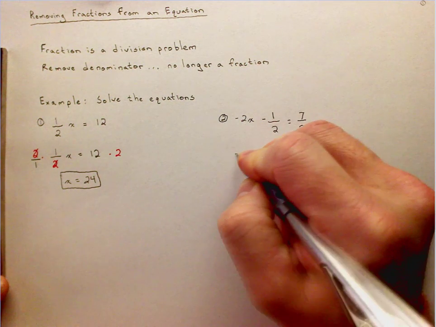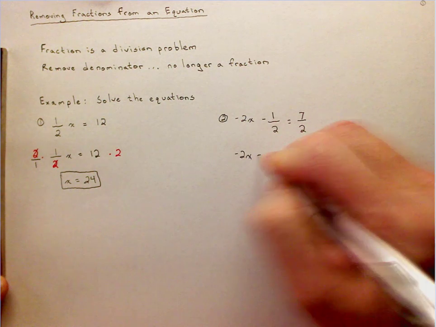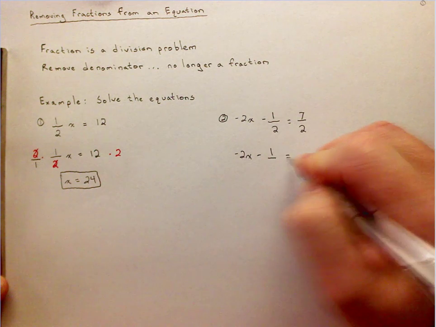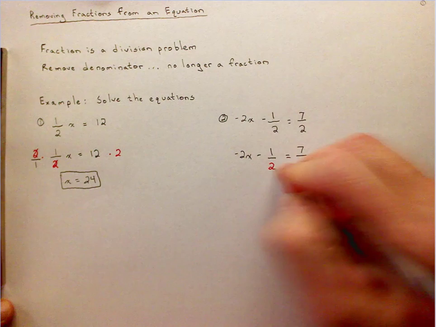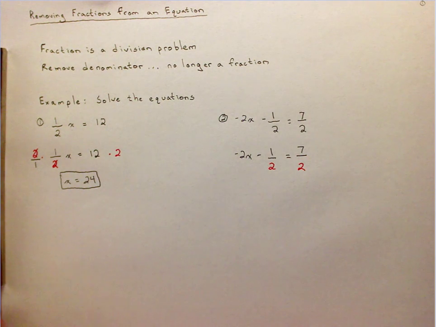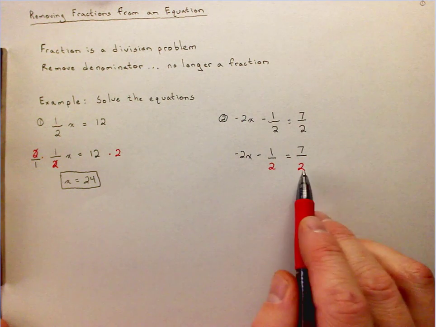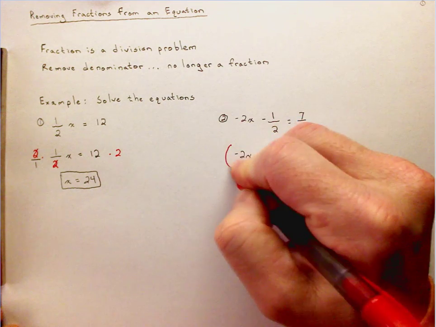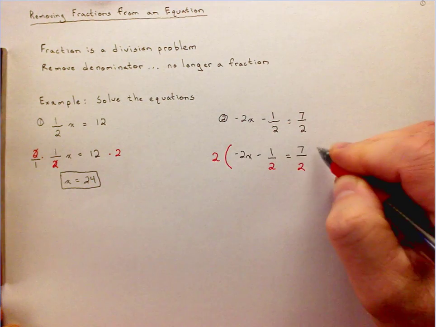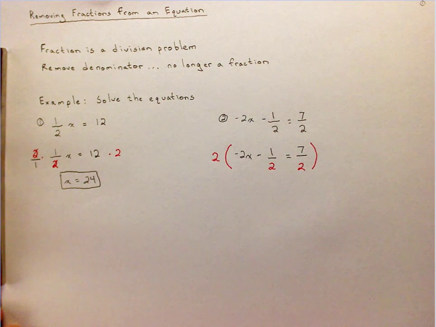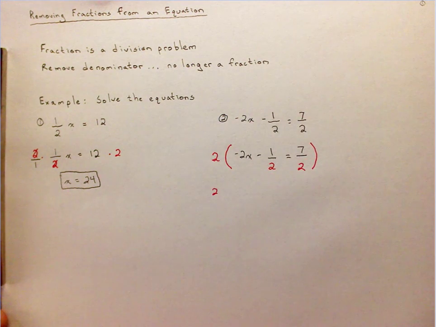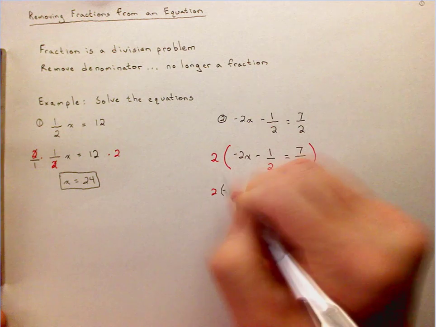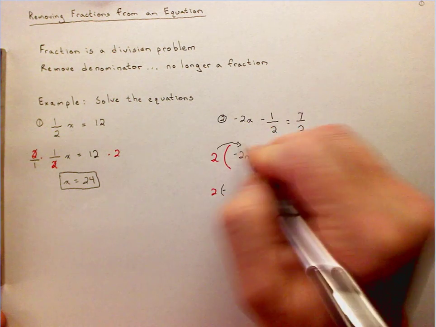So let's rewrite this and highlight our denominators. And since they're both 2, if I just say I'm going to multiply everything by 2, I'm going to distribute this 2 to each term inside of here.